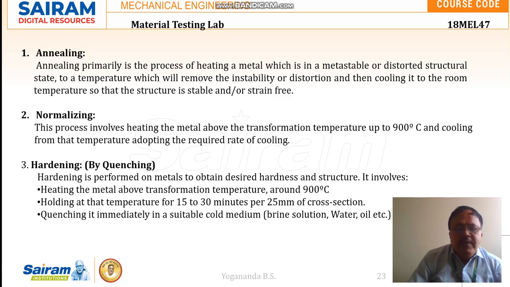Hardening is performed on the metal to get the required hardness and structure. This process involves heating the metal above the transformation temperature, around 900 degrees centigrade, holding this temperature for 15 to 30 minutes for 25 mm of cross section, and then quenching it immediately in a suitable cold medium like water, oil, etc.